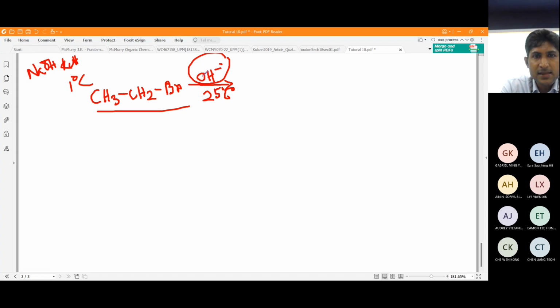So what happens is this hydroxyl ion comes in. Let's say this is CH2 and bromine is here, and another CH3 is here. So this is hydrogen and hydrogen. Hydrogen is a smaller size, much smaller than CH3. So this hydroxyl group will come from exactly 180 degrees and kick out the bromine.